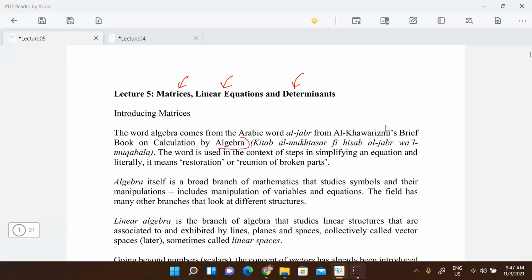Algebra itself comes from an Arabic word, al-jabr. I do not know how to pronounce the Arabic word, but never mind. It has a particular meaning, but most of the time it talks about how to solve an algebraic equation.